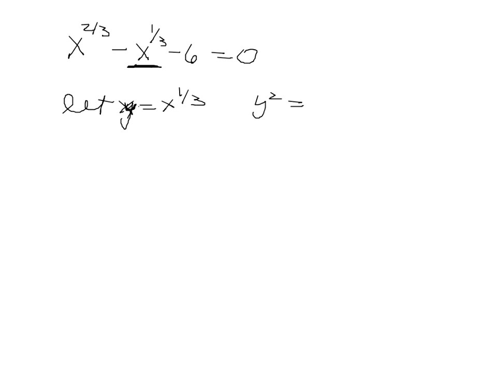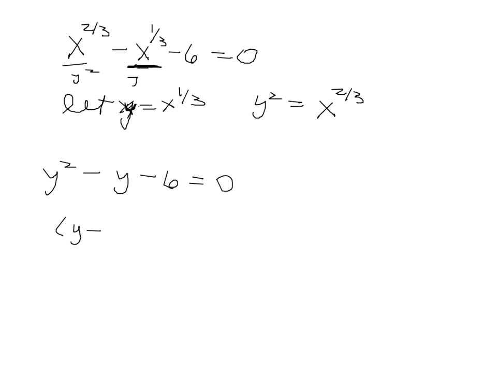I square both sides, and so that's going to give me y squared equals x to the 2/3. So there's y squared, and there's y. So this becomes y squared minus y minus 6 equals 0, which I can factor into y minus 3, y plus 2.